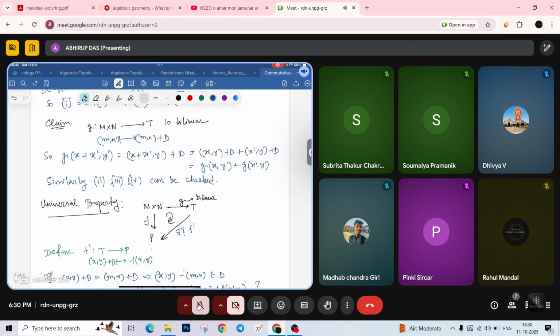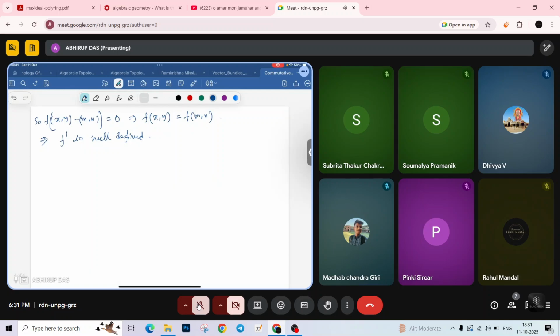So you see, we already have an f prime, right? And we already have the commutativity of the diagram. The only thing we'll have to show is that f prime is linear. Okay. So suppose f prime of a times (x, y) plus b is equal to what?